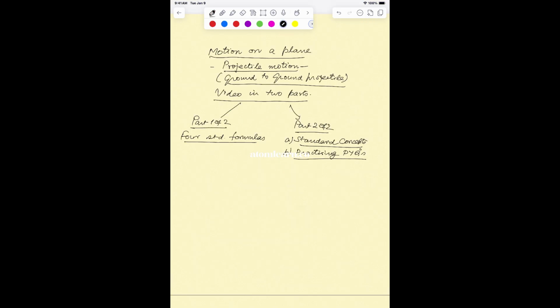Dear students, so far we have studied the ground-to-ground projectile, and the derivation of the 4 standard formulas. Next we have to take up the standard concepts involved in the ground-to-ground projectile, and also practice a few worked out examples.